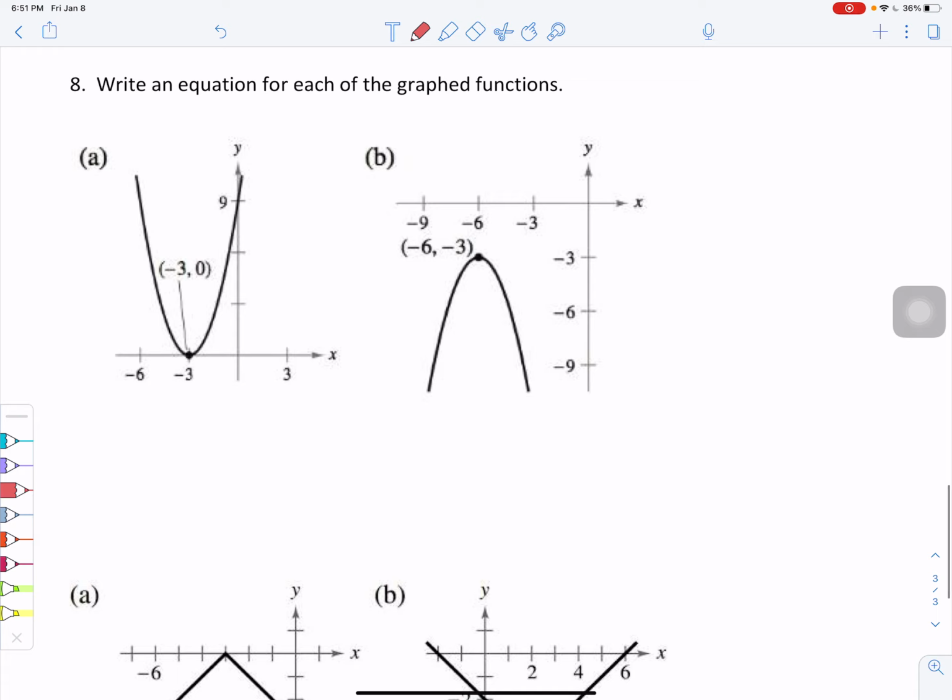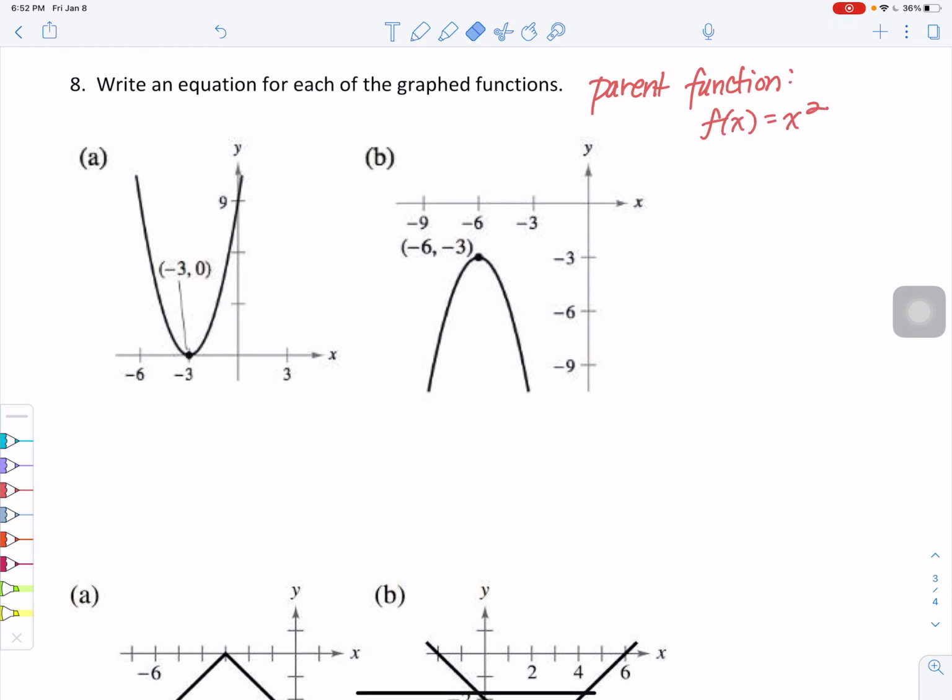Last but not least, we're going to write equations for each one of these graphs. Now let's go ahead and write the parent function. f of x equals x squared.